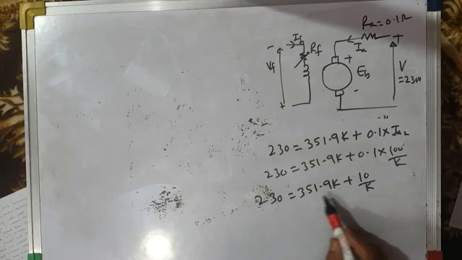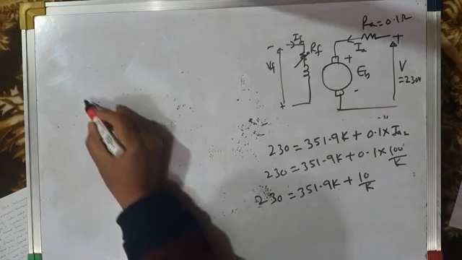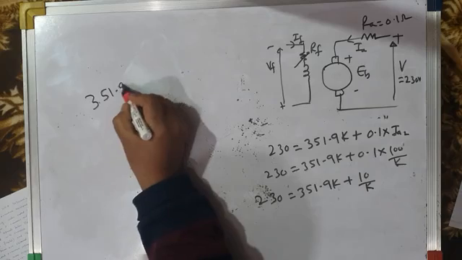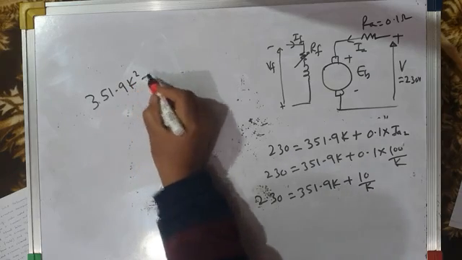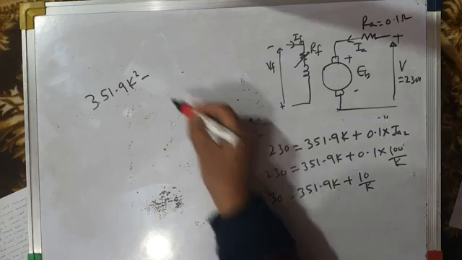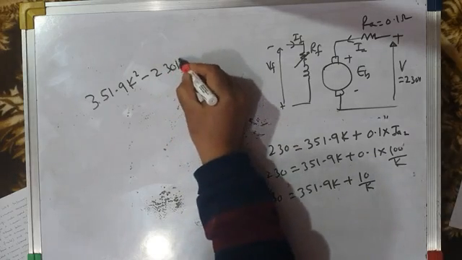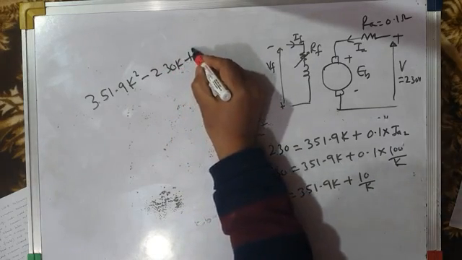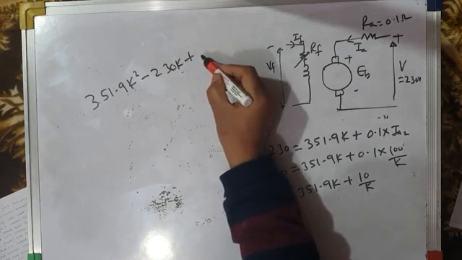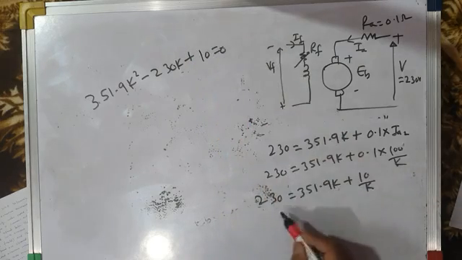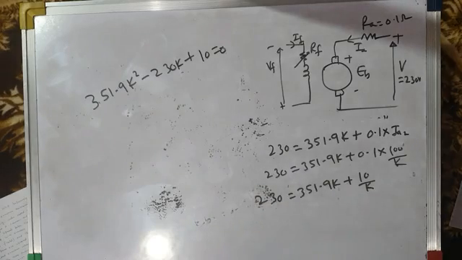So this will become a quadratic equation: 351.9 K square minus 230 K plus 10 is equal to 0. If you solve this, it will become a quadratic equation.